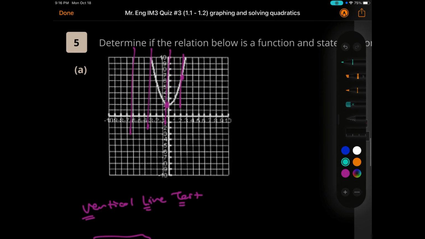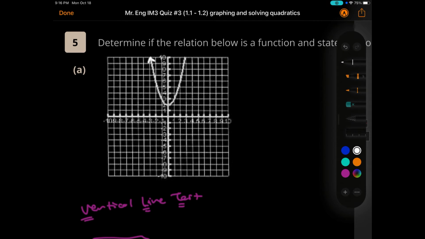Okay, let's erase all this stuff. Okay. Now, I do want to point out that this graph has arrows. And that is actually important to us. So I keep going from left to right. The arrows have, these lines have not touched anything. And the first thing it touches is right there.